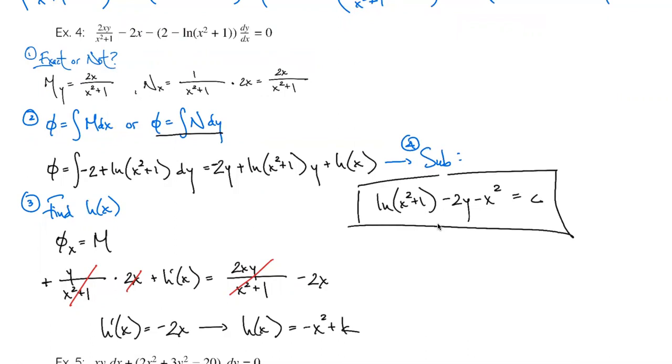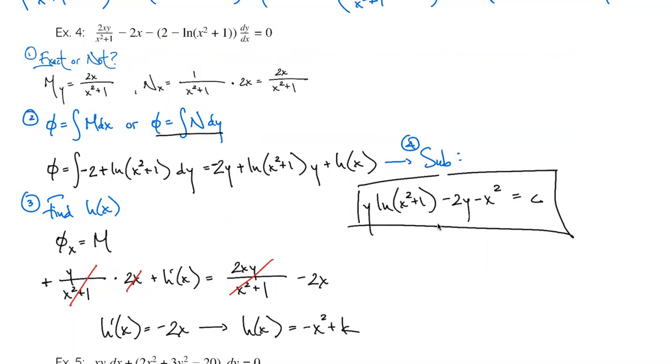Okay. And despite my many mistakes, I will tell you that is almost the answer, because I forgot that y. So y times natural log of x squared plus 1 minus 2y minus x squared is going to equal c.